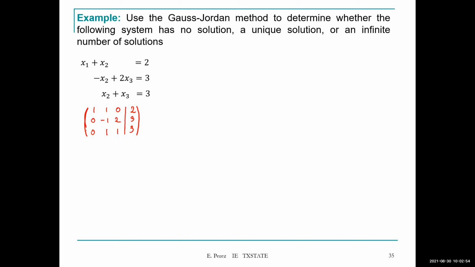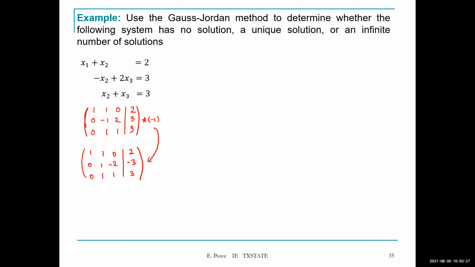So I didn't do elementary row operation 3 in this one. So I went straight to work with the order of rows that we have originally. So what I did was I multiplied this by minus 1. And I got the following matrix: 1, 1, 0, 2, 0, 1, minus 2, minus 3, 0, 1, 1, 3.